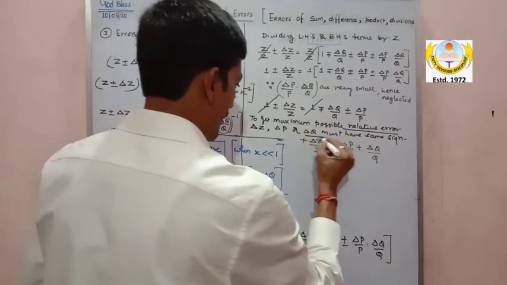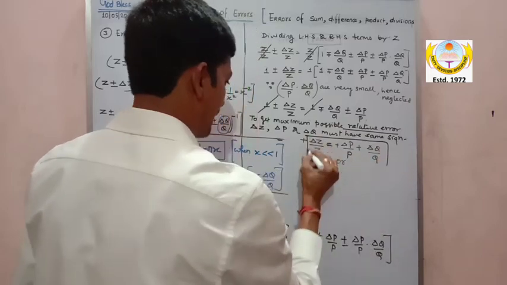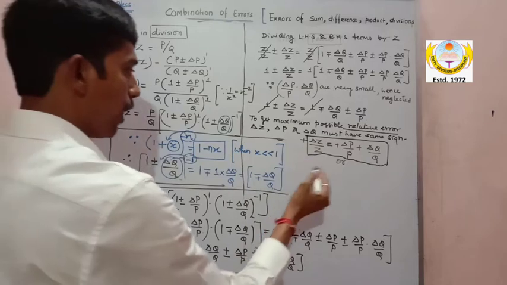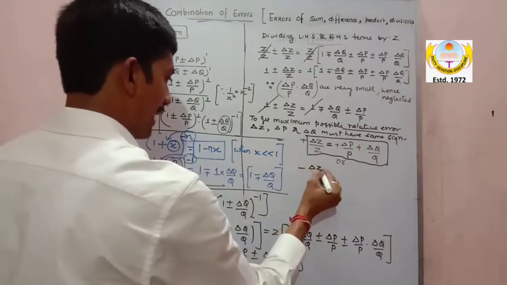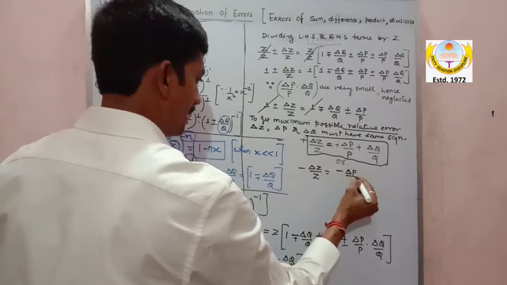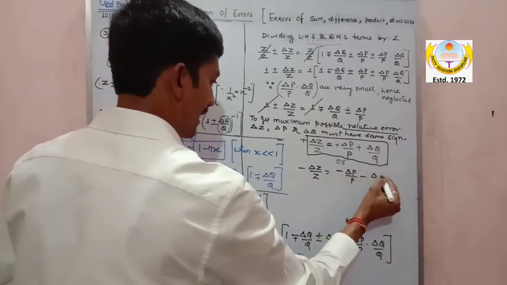If I select the minus sign also, I will get the answer to the same place. Or minus delta Z by Z is equal to minus delta P by P minus delta Q by Q.